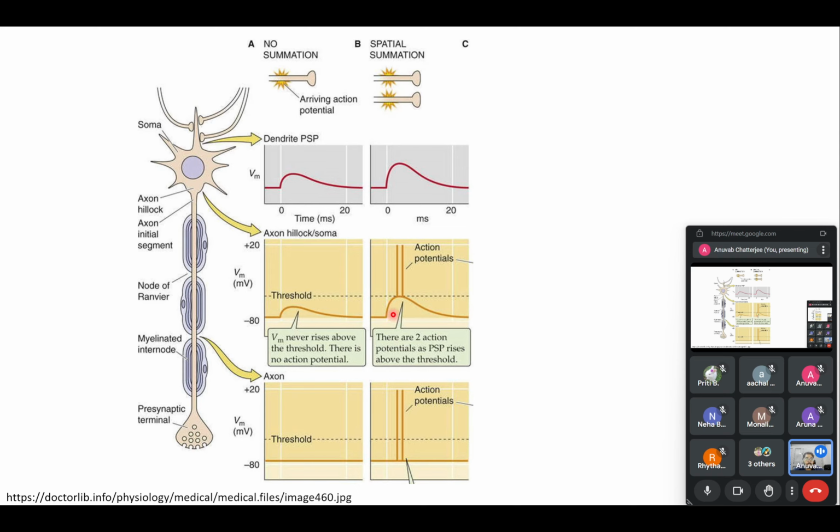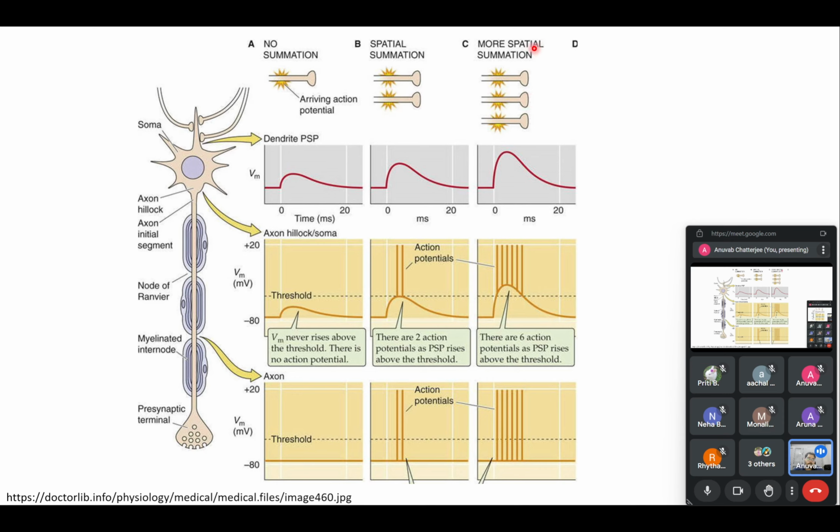This bigger depolarization, due to the summation of two axonal firings, can actually cross the threshold and cause an action potential to take place. In this situation, the threshold was crossed for long enough that we have two action potentials. And finally, these action potentials triggered an action potential in the axon of the postsynaptic terminal.